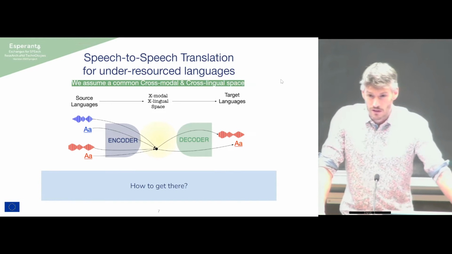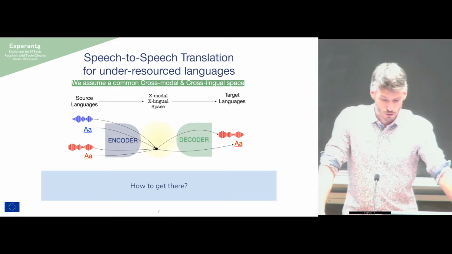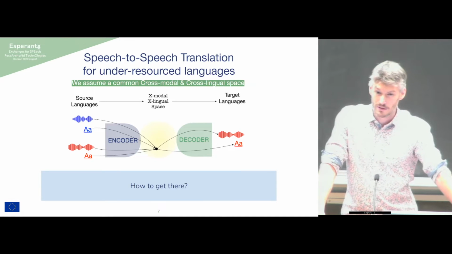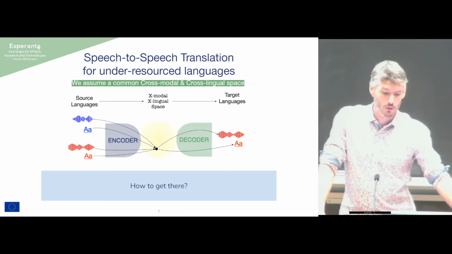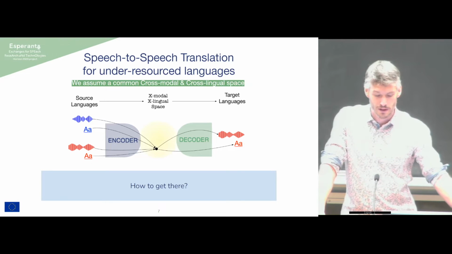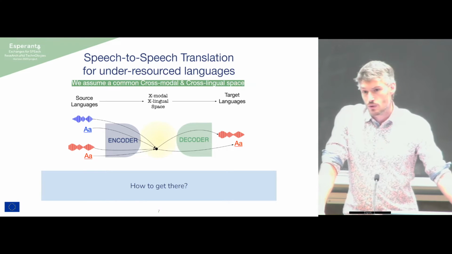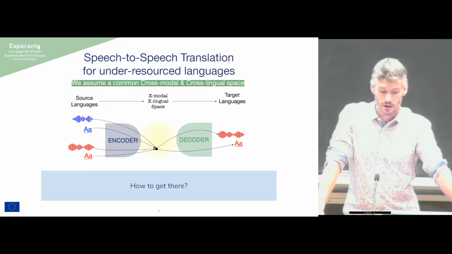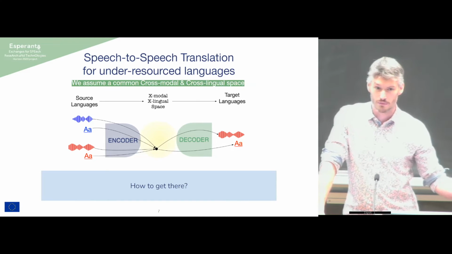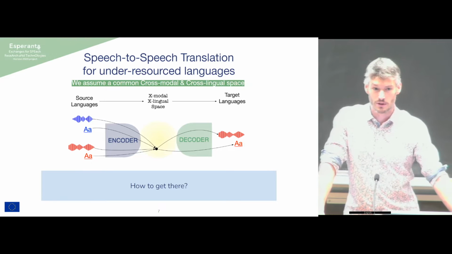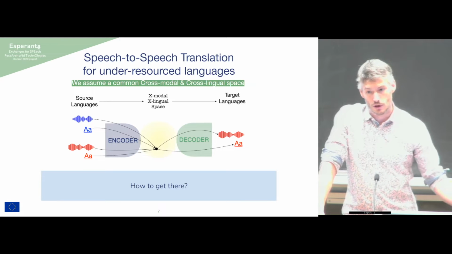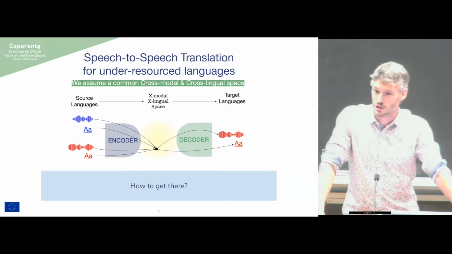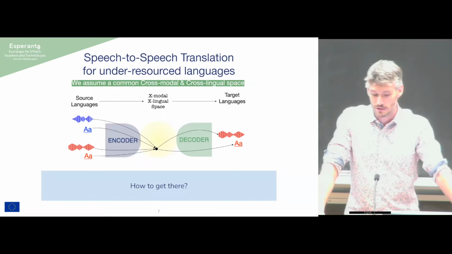So the assumption we've made, which is a strong one and that might not hold eventually, is that there exists a space that we call the common cross-modal and cross-lingual space, in which you can actually represent all languages in the same area. So for instance, you have one sentence in French, in Chinese, in German, and when you encode this information, your system will eventually end up with a representation that is language and modality agnostic.